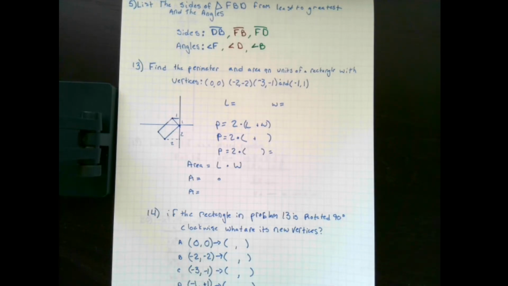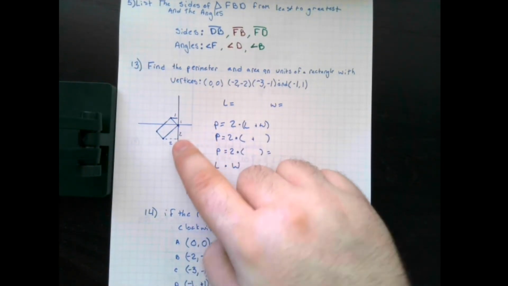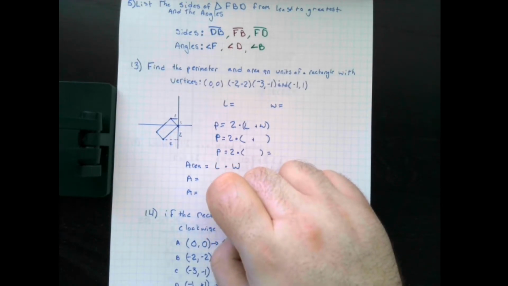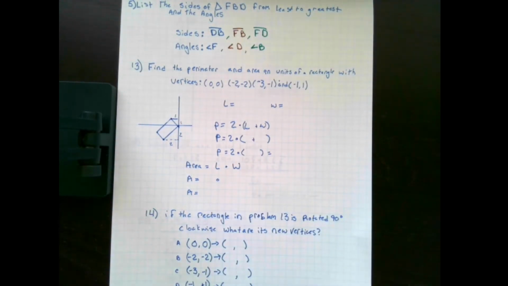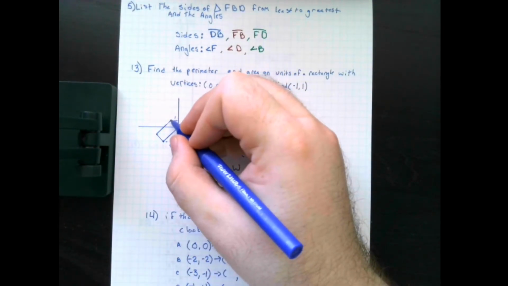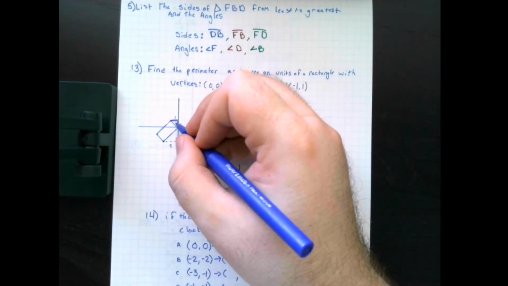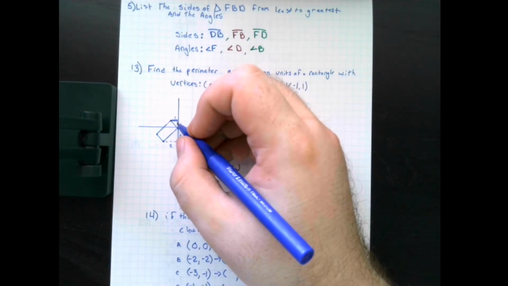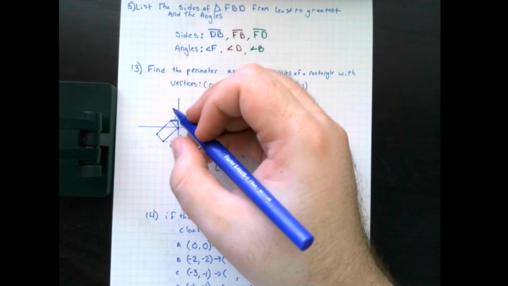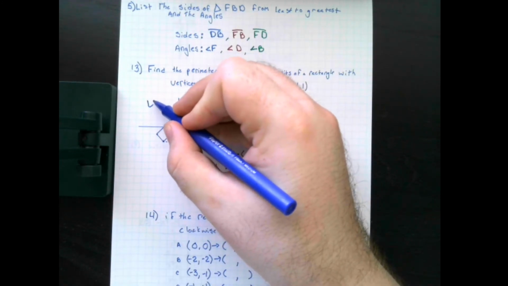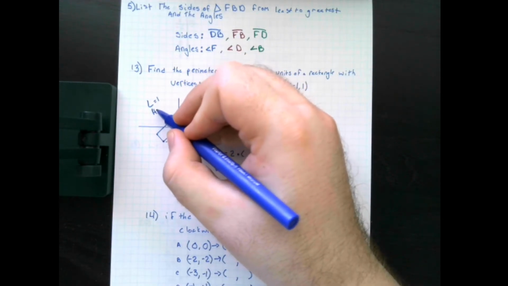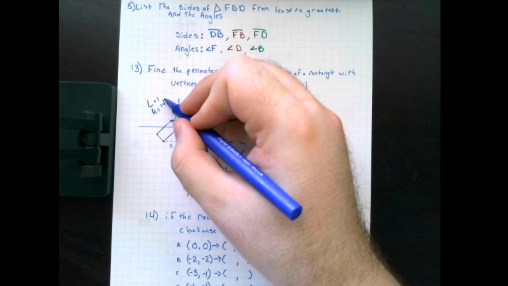Now, if you notice here, each of these is formed by an isosceles right triangle, which means that the leg length is the hypotenuse length divided by √2. So if we have a leg of 1, then the hypotenuse is 1√2.